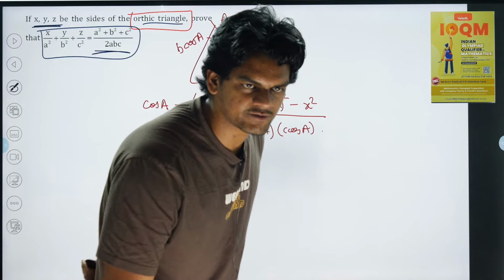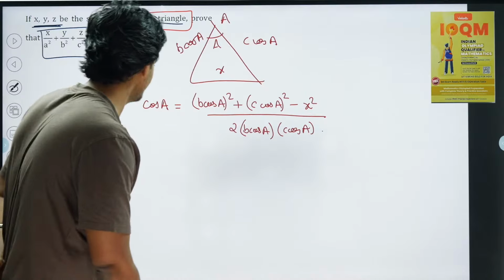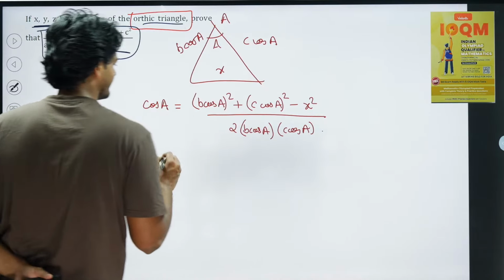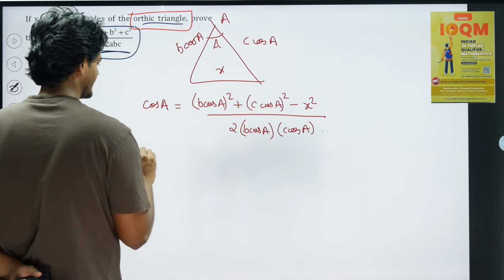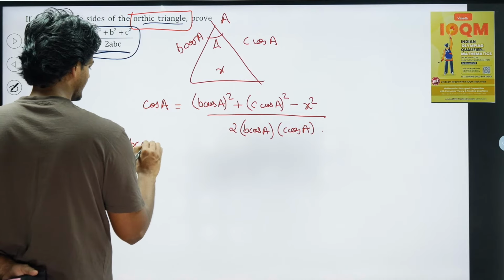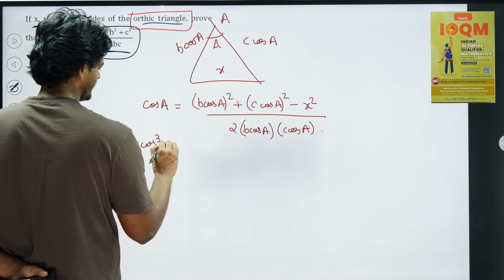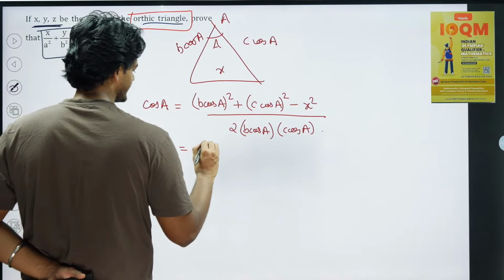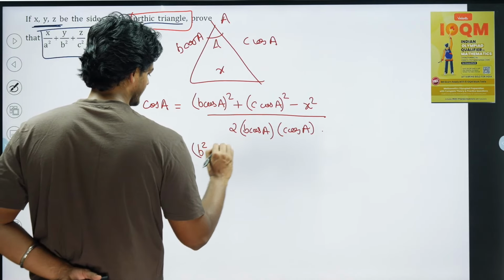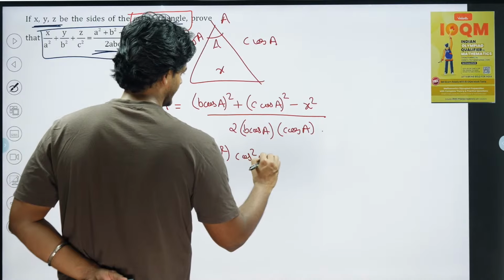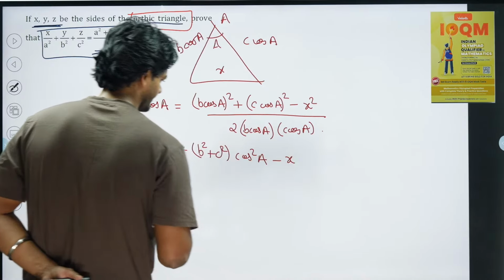Yes, exactly, we can apply the cosine rule. So this is 2bc cos square A, into cos A, which is cos cube A. So 2bc cos cube A is equal to b square plus c square cos square A minus X square.